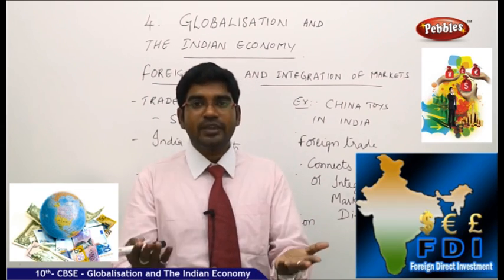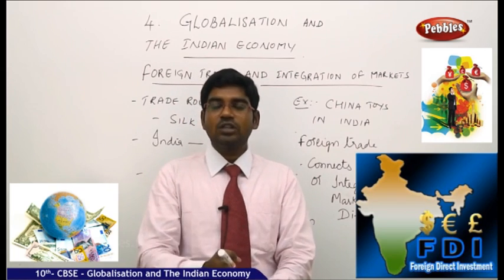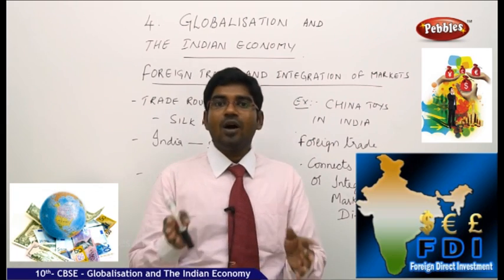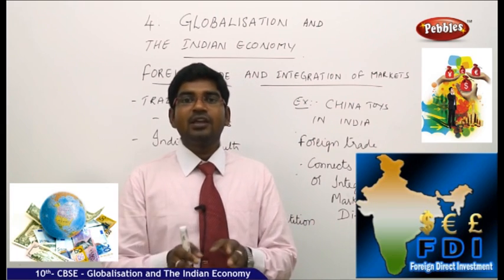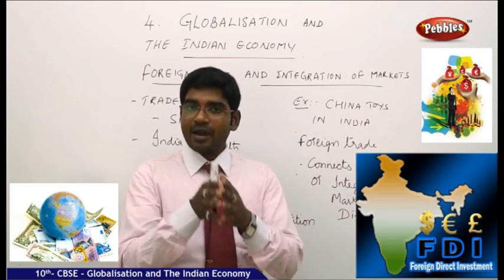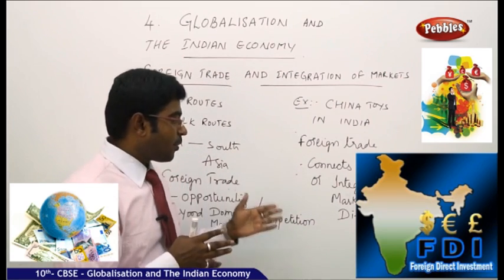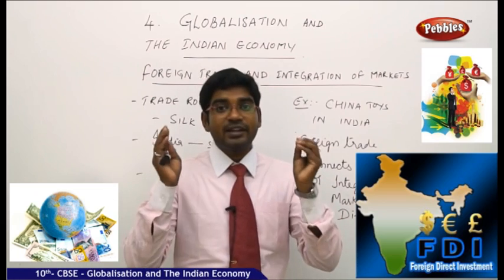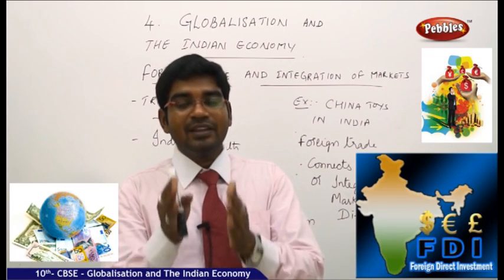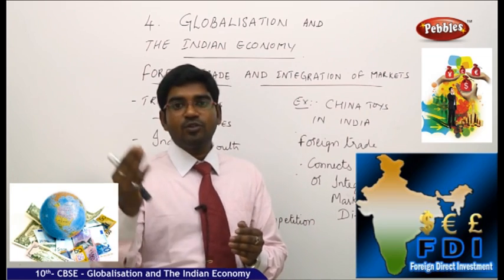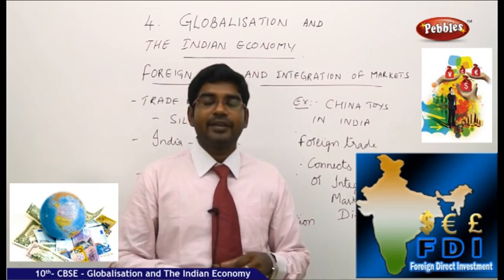While choosing, he would definitely compare the cost and the quality. So all this happens because foreign trade integrates the markets and brings them together at a particular point. Though they originate in different countries, the final destination of competition is the foreign trade venue, that is, the international market.